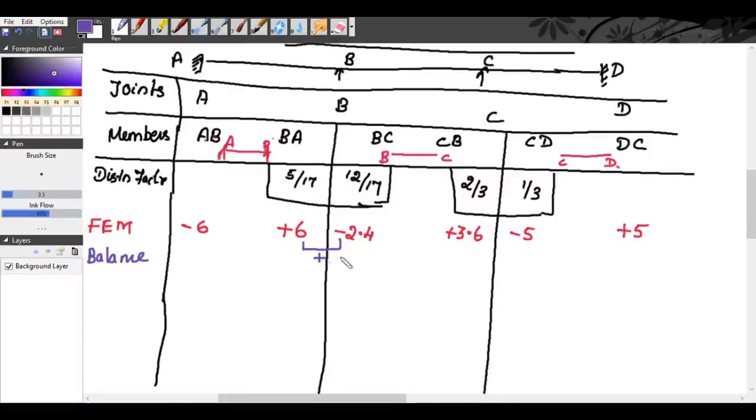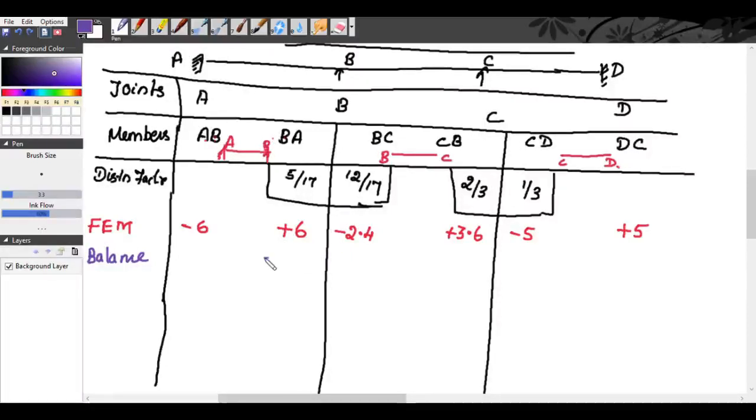So 3.6 multiplied by 5 by 17, we get 1.06. Since it is positive, for balancing you have to put the negative sign, so it is minus 1.06.